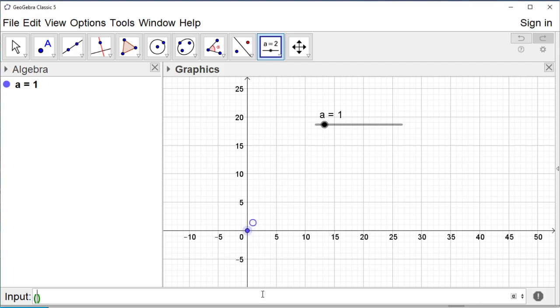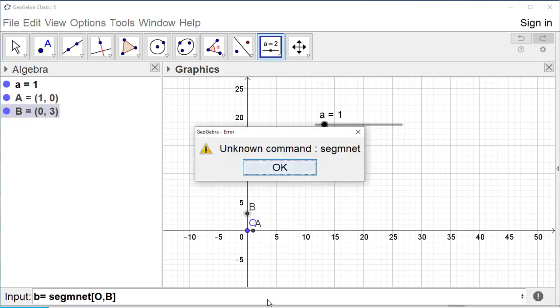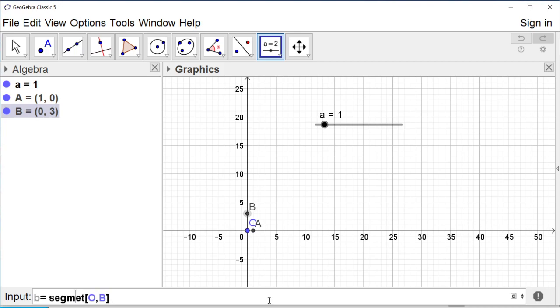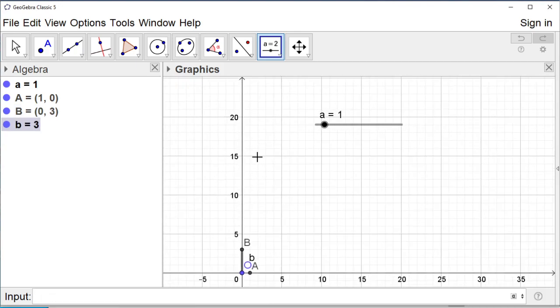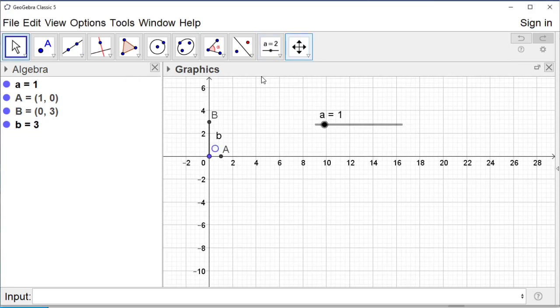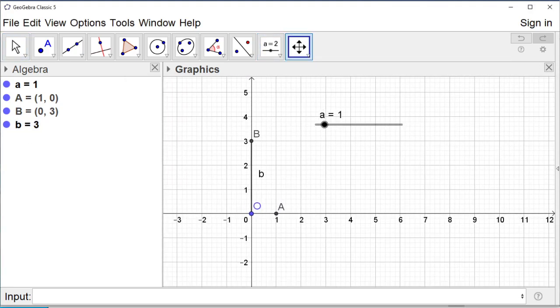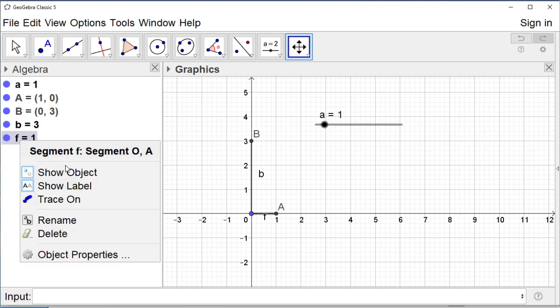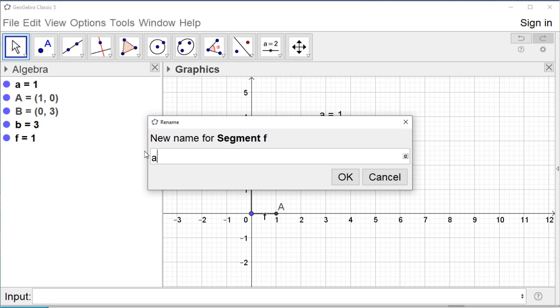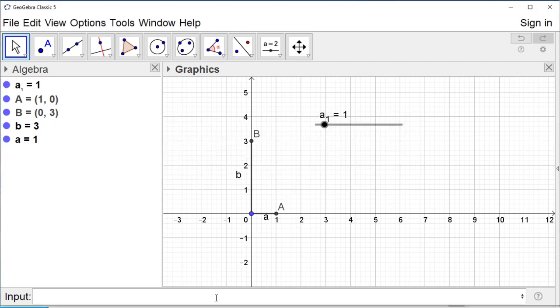So let's draw the point (0, 0), the point (A, 0), and then the point (0, A plus 2). Okay, so there's side B, and then there's side A. We'll rename this to side A. So there's side A, there's side B. Side C is the hypotenuse between B and A.